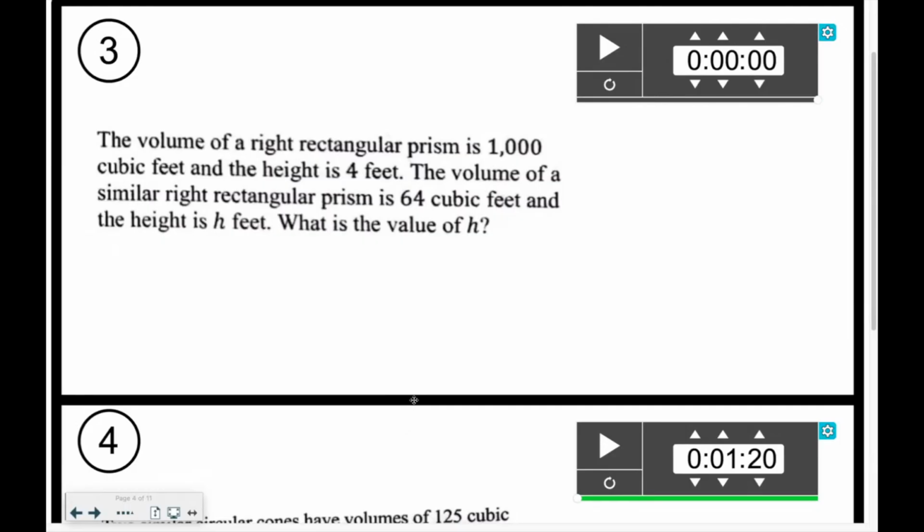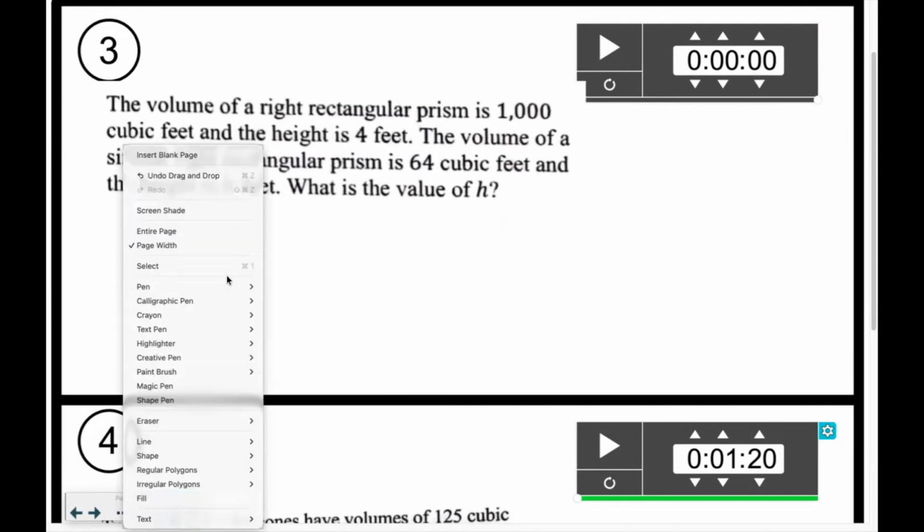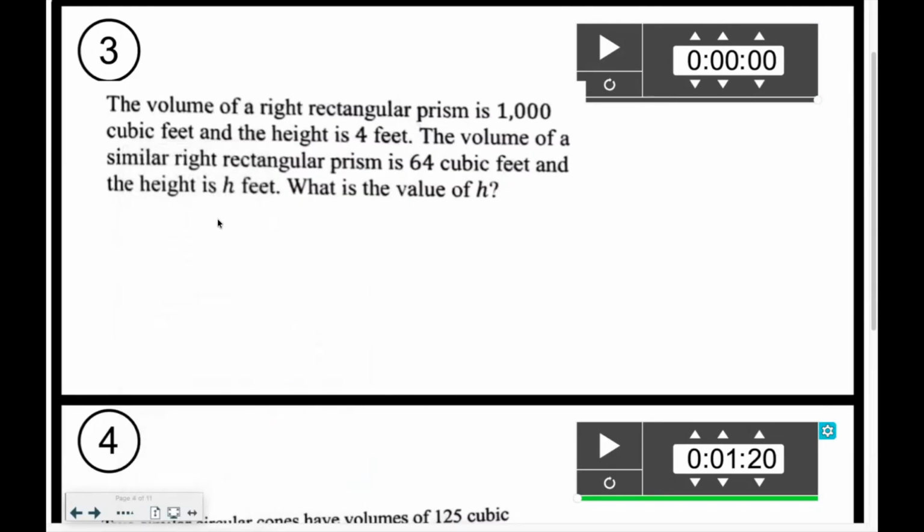Okay, so this one's harder because we have to kind of work backwards. So I'm going to set it up like this. I'm going to say height. Okay, so I'm going to do the volume first, and I'm going to put the 64 first.